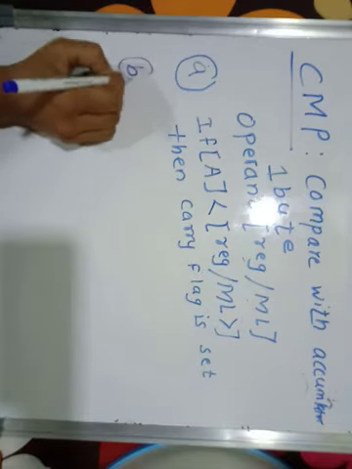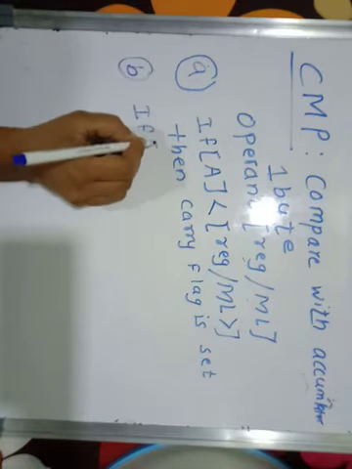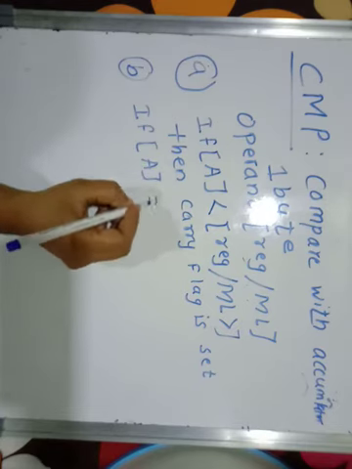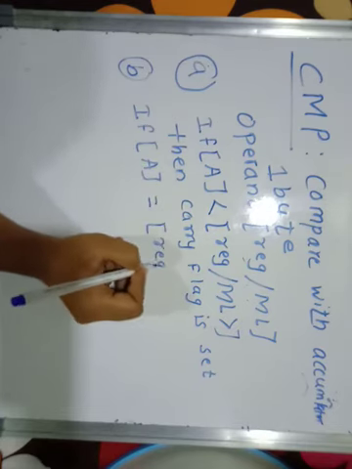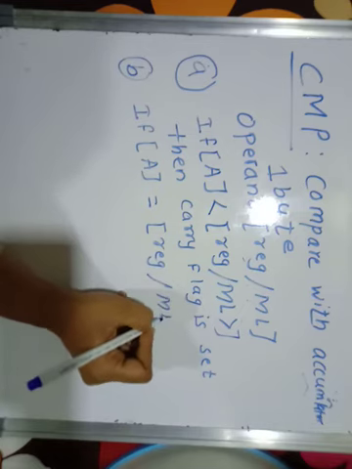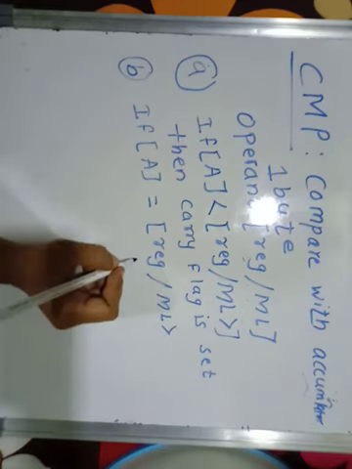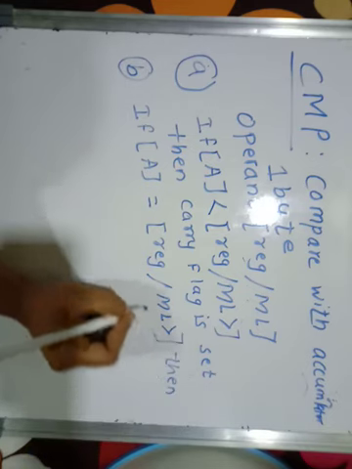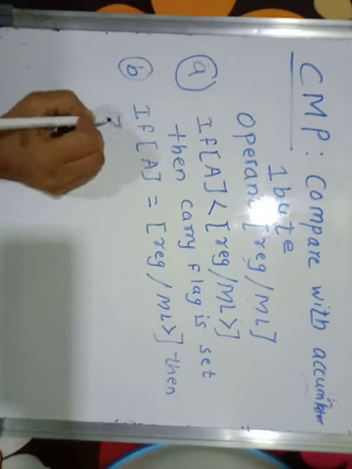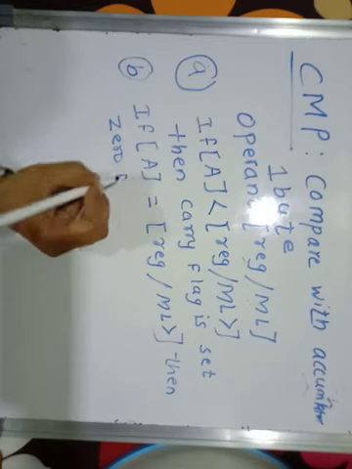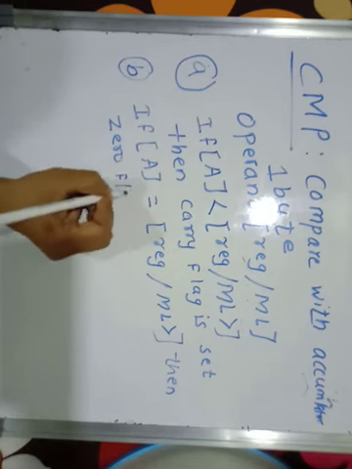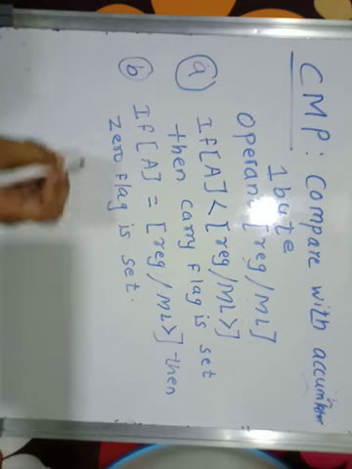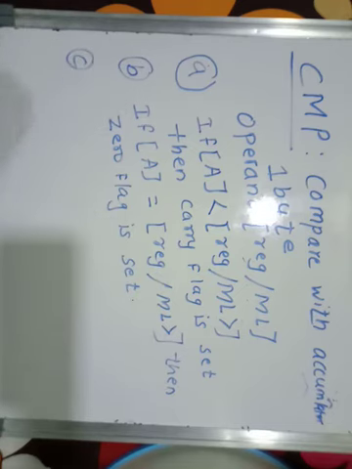Now B, if the contents of accumulator are equal to the content of register or memory location, then zero flag is set. Okay, so we have the third one.